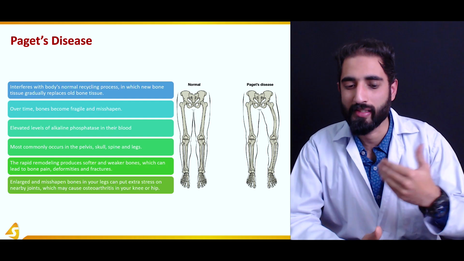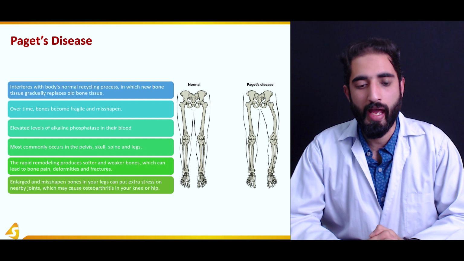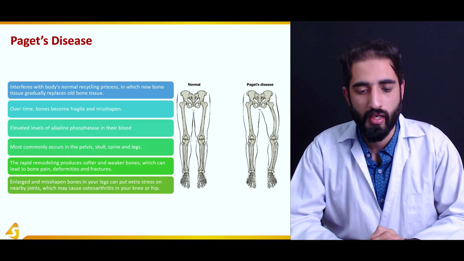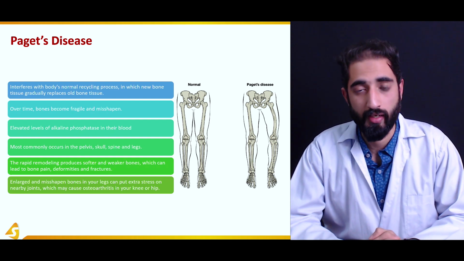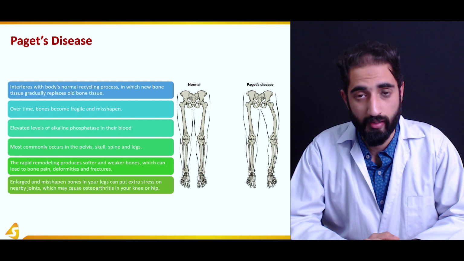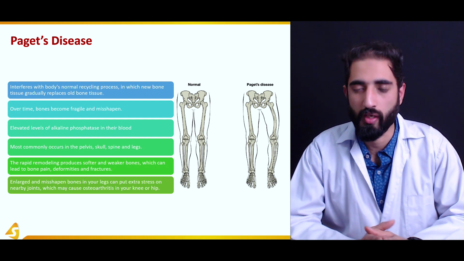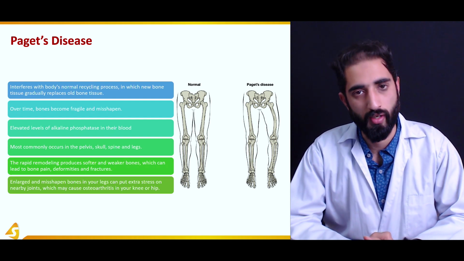So there are softer and weaker, fragile bones, as I just said, and it can sometimes lead to bone pain as well, which would be diffuse. And in the longer run, deformities and fractures, because at the end the bones are weak. And as I already said, because of the misshapen bones, there can be increased stress on the weight-bearing joints as well.